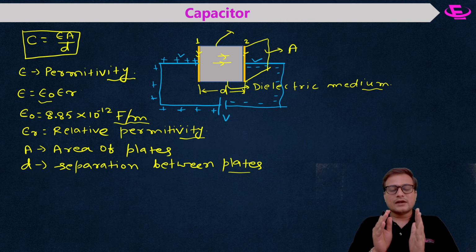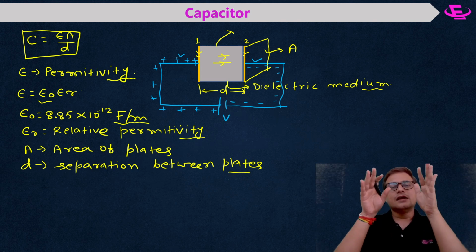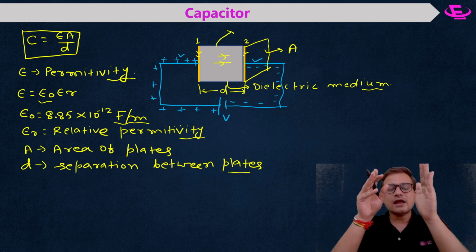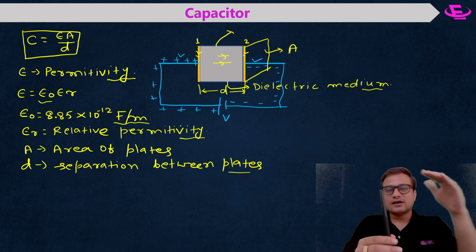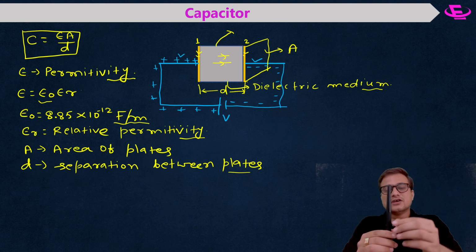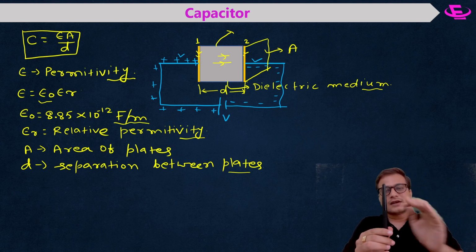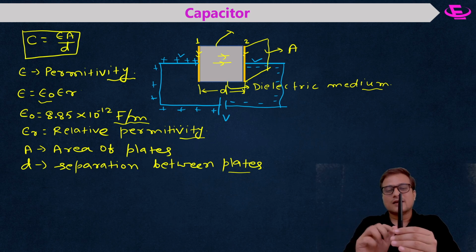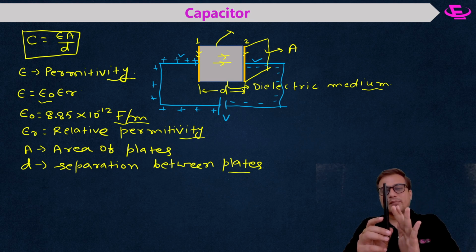Now the moment charge reaches the plate, it doesn't find any path to cross the plate. Why? Because suppose this is the plate and charge is entering here. Till the plate there was a wire, but after the plate there is no wire. After the plate there is an insulating medium. The charge will be stopped here.